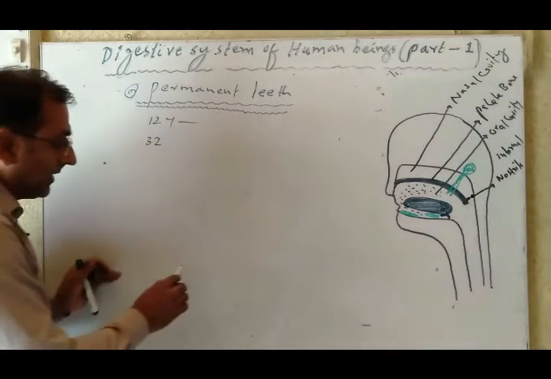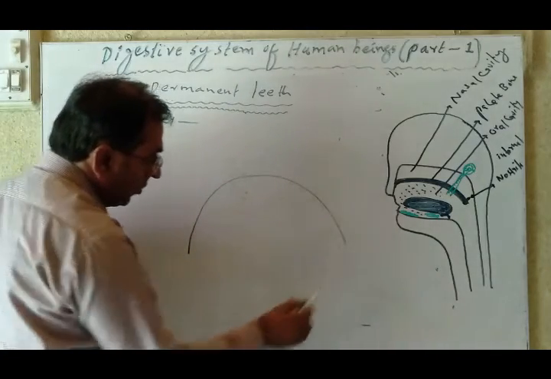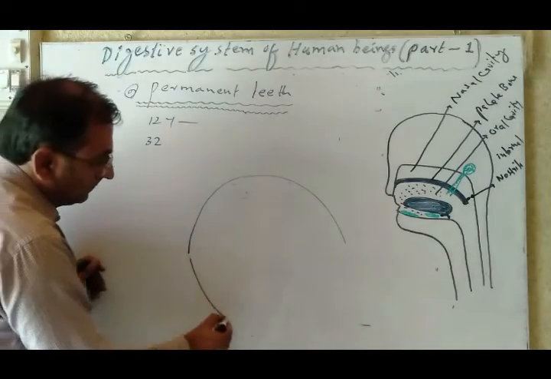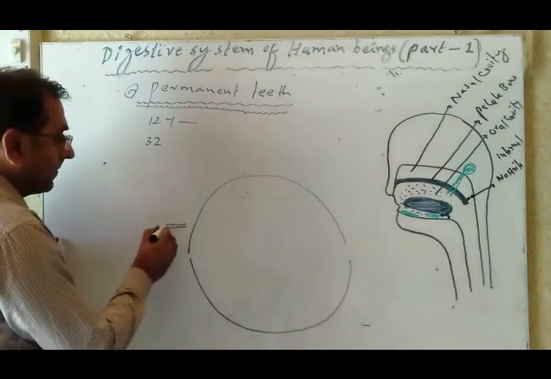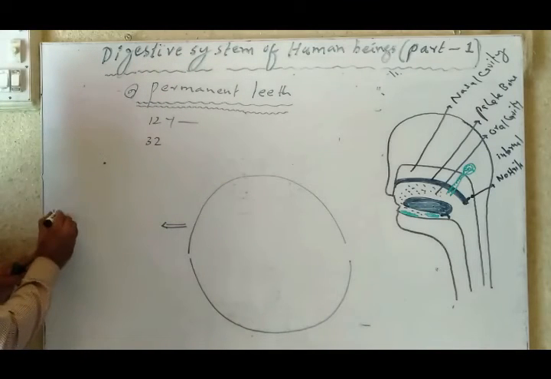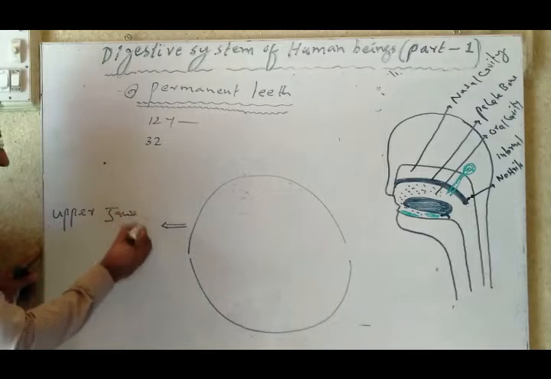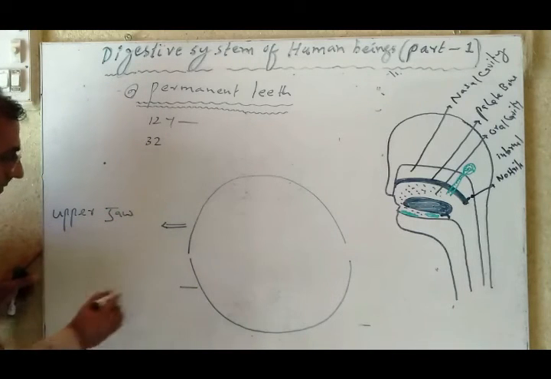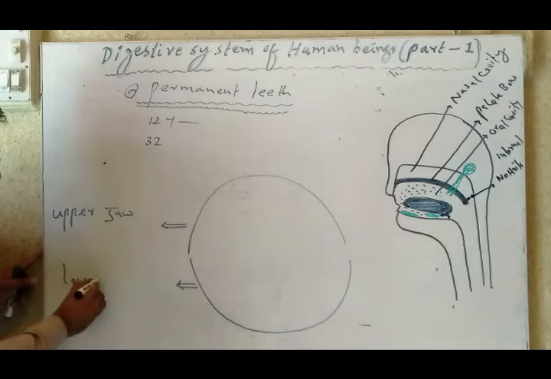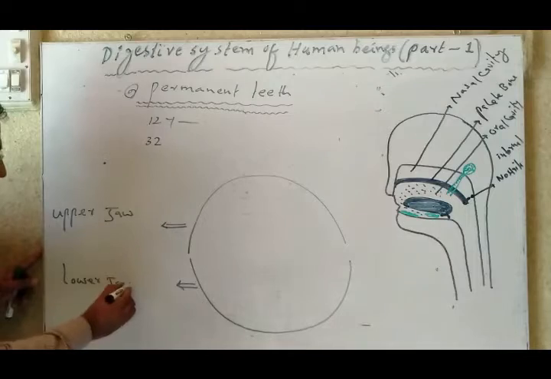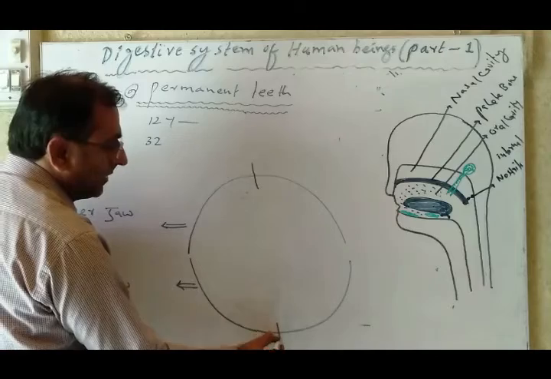Now when we look at the arrangement of these teeth in the upper jaw and lower jaw, this is the upper jaw, this is the lower jaw, and half of the upper jaw, half of the lower jaw.